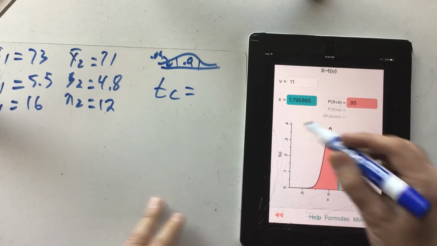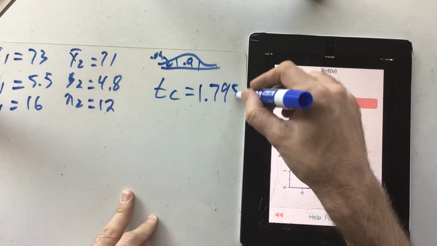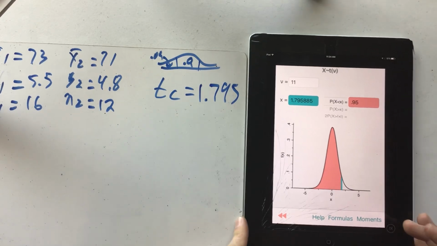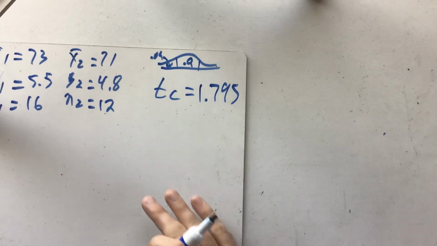So as I look, I get 1.795 for that TC value. Let's just leave it at 1.7959, maybe 6. I'm not too worried about it. Okay, so there's my TC.